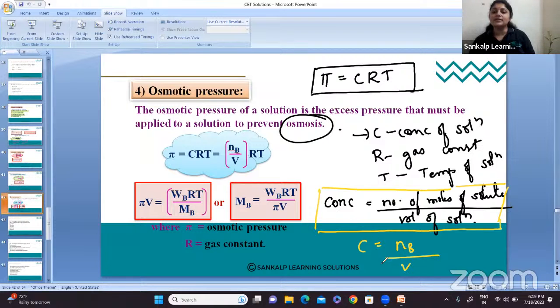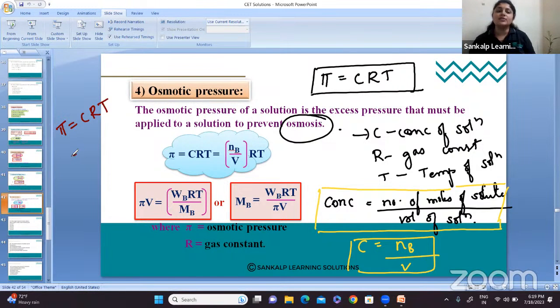Can I replace C by this in this particular formula? So pi is equal to CRT. I am going to replace C by this.